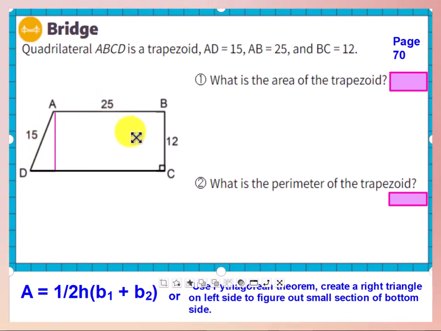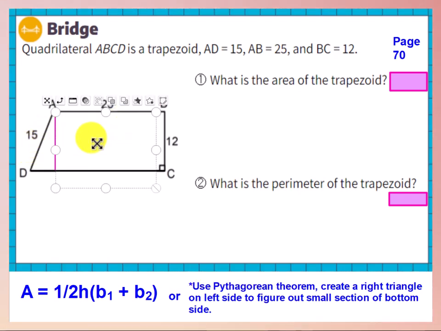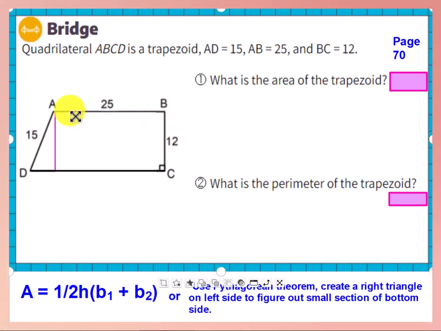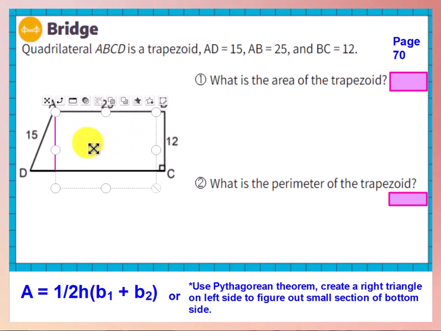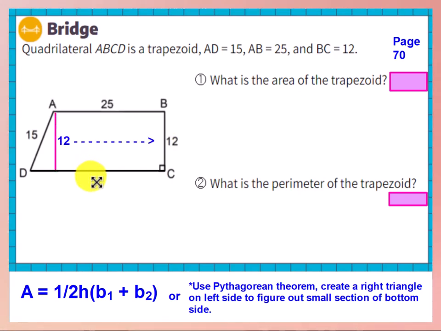We can find the area of this rectangle because that's going to be length times width, 25 times 12. And if you'll notice, that 12, that height, that opposite side is going to be the same as the height of BC.